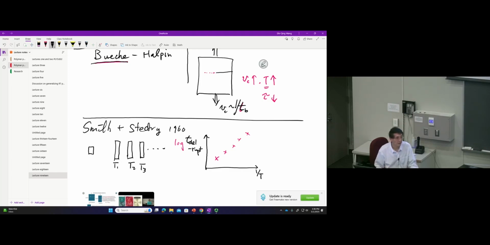Since by that time, 1960, we are quite familiar with what's going on. And of course, the author fits this through the WF. Shift factor, that's the black.